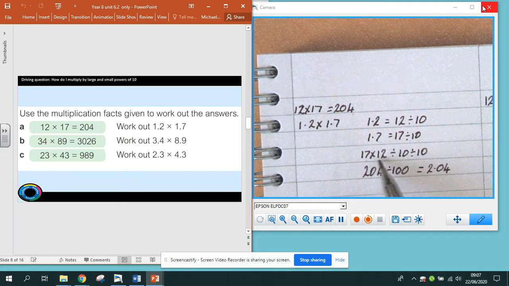So 17 times 12 divided by 10 divided by 10 will give me the answer. And divided by 10 divided by 10 is actually the same as dividing by 100. So I've got to take the answer that I know of 204 and divide it by 100 to give me 2.04.